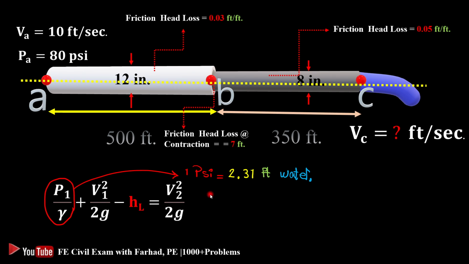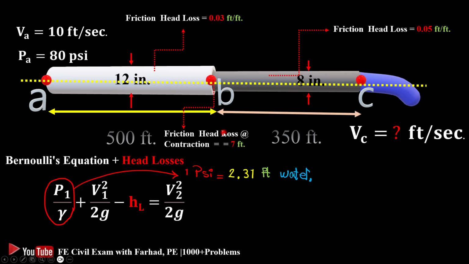So far we have our Bernoulli equation simplified, and we replace the very first term by the equivalent height of water. Bernoulli's equation in terms of head loss just says the water enters at point A and passes through pipe A. It has a friction head loss due to this length times this coefficient.